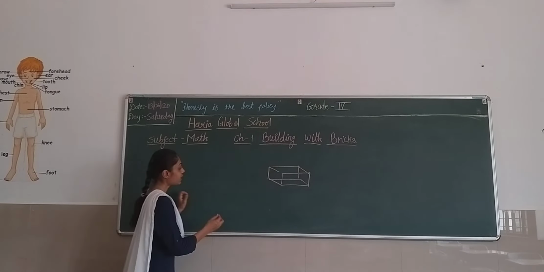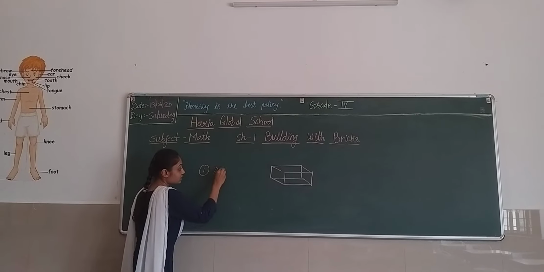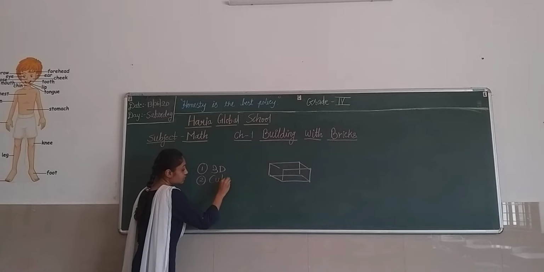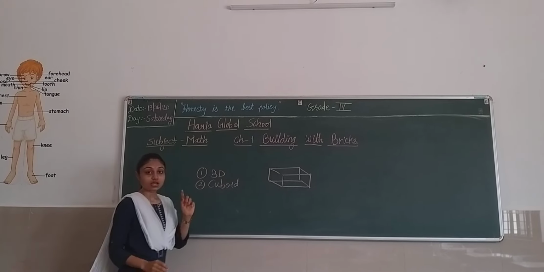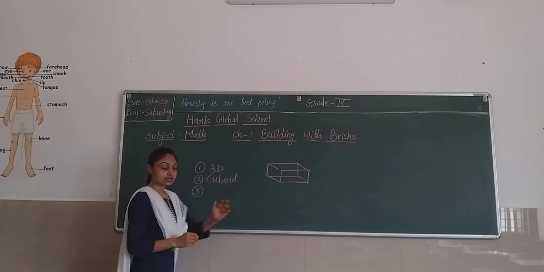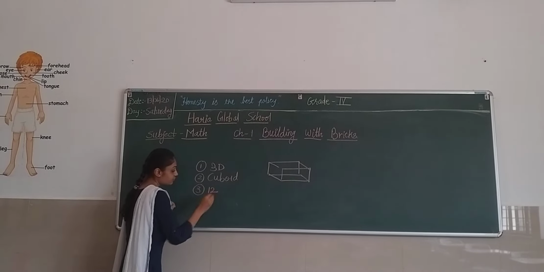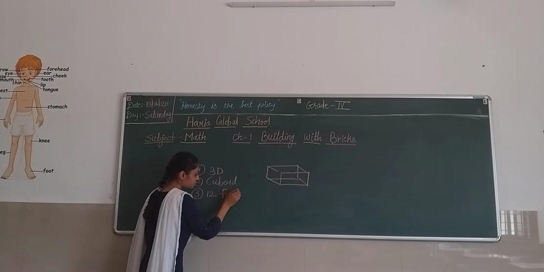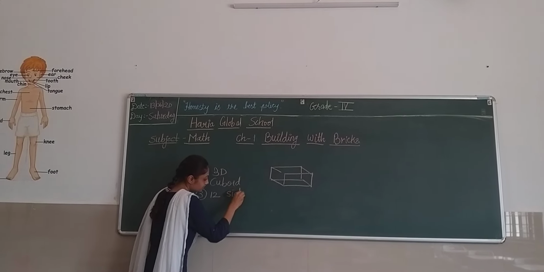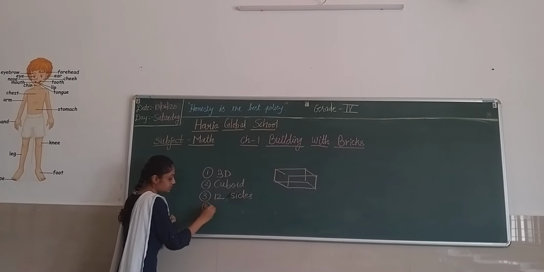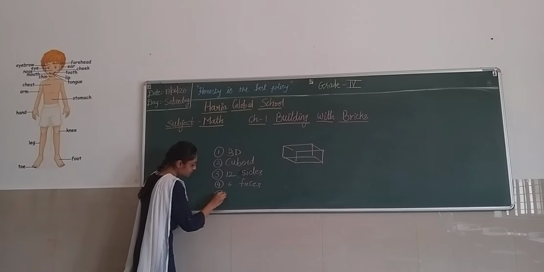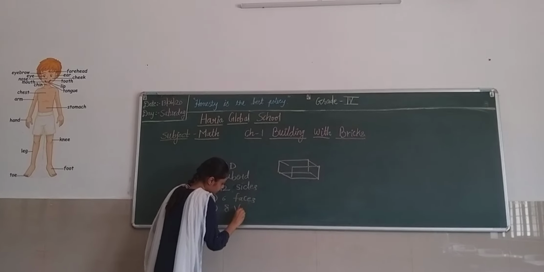First, I told you it is a 3D shape. Which 3D shape? It looks similar to a cuboid. And third, it has 12 sides, it has 6 faces, it has 8 vertices.